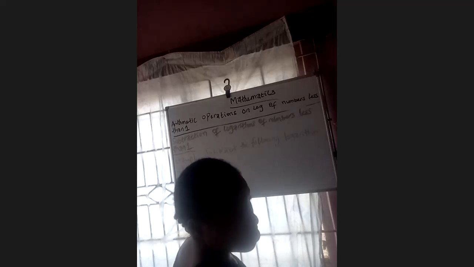Can you see? But sorry, can you get another marker? It's fading. I cannot get another one. The one I got, I don't know where I kept it. That's the problem now.